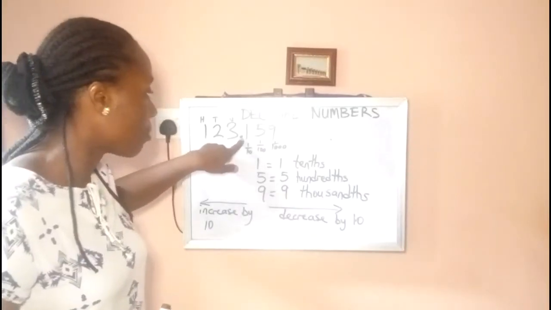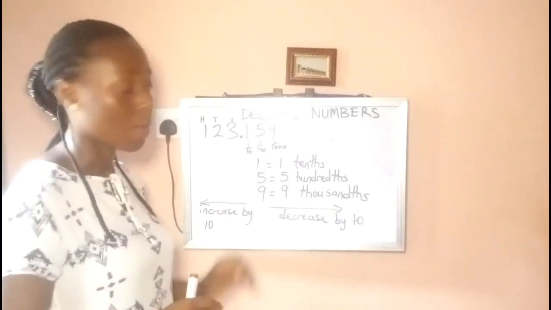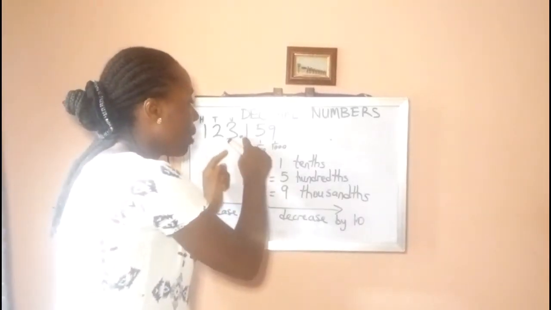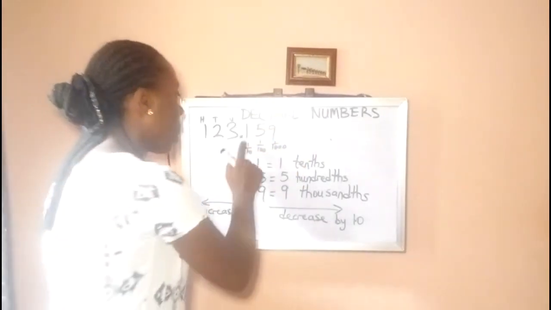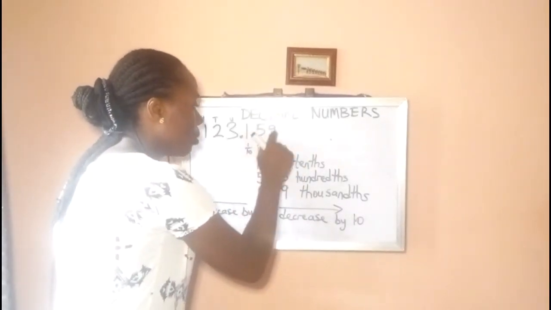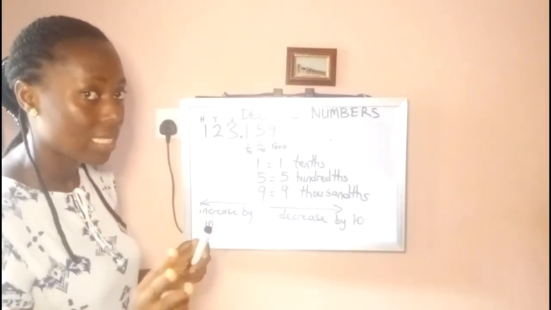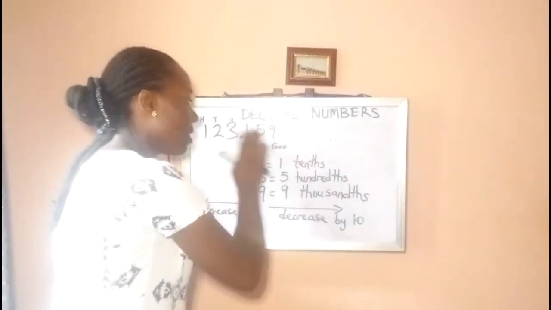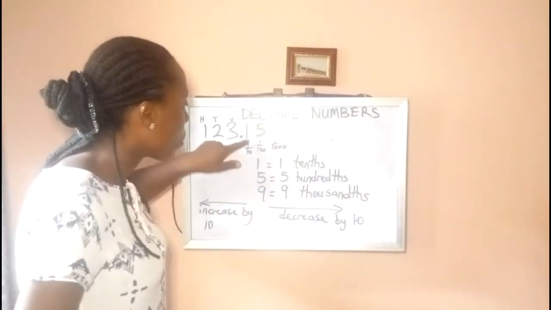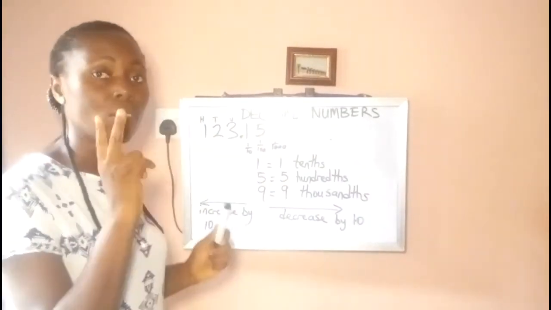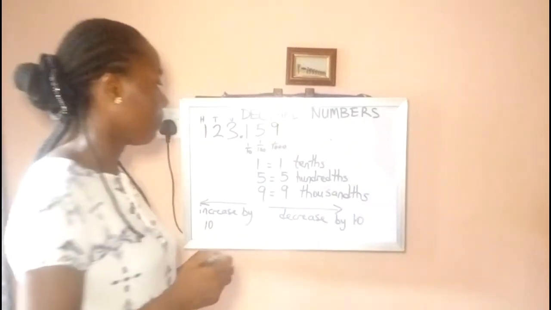Because it has a decimal point. Now, how many decimal places are here? We count the digits behind the decimal point. We have 1, 2, 3. So we have 3 decimal places. In the case where you don't have this 9, we'll just count 1, 2. We just have 2 decimal places. But here, we have 9.